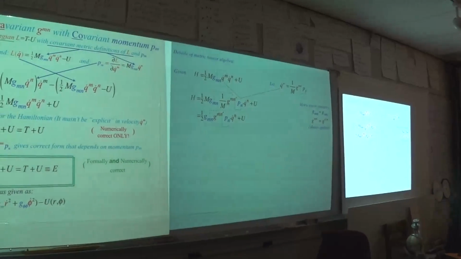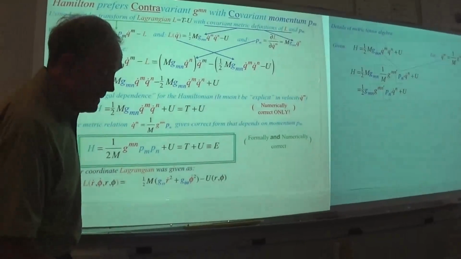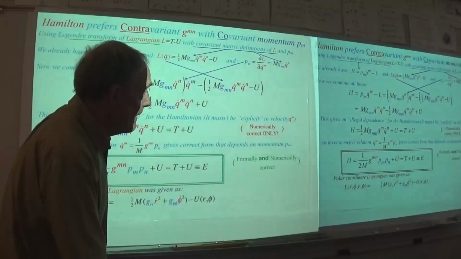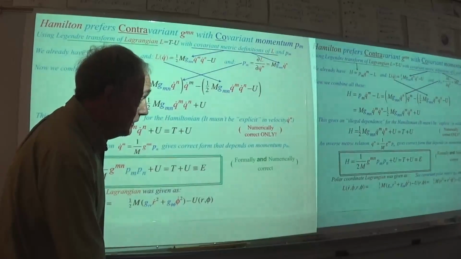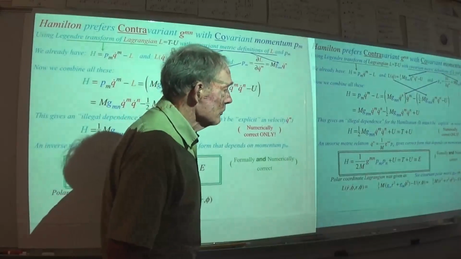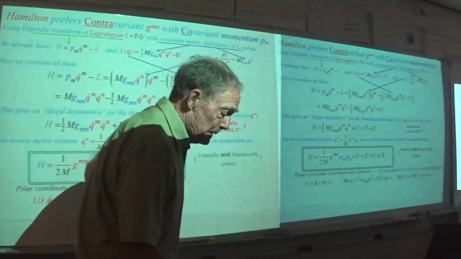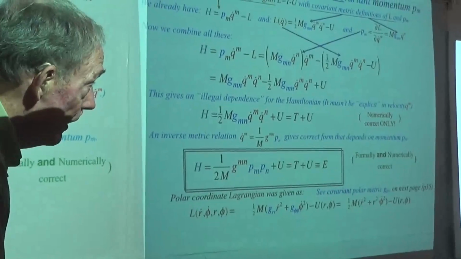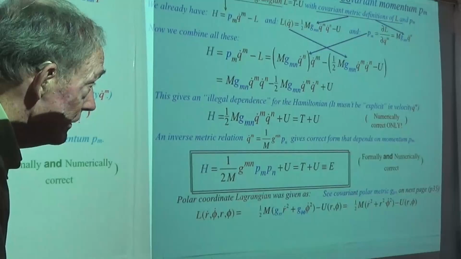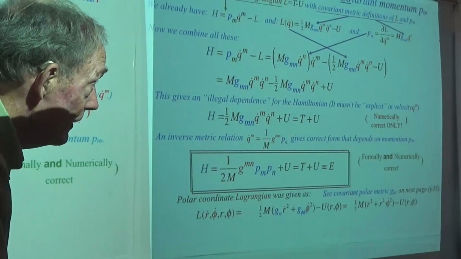So anyway, there's the Lagrangian. I'm going to get all this stuff in sync here. There's the Hamiltonian getting ready to come out there, but right now it's the Lagrangian in the polar coordinates using the metric that is up on the fourth screen, the very upper right hand corner there.